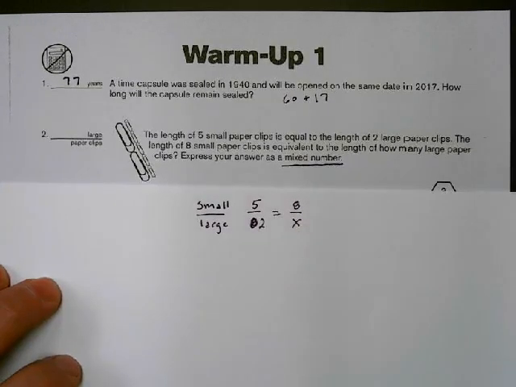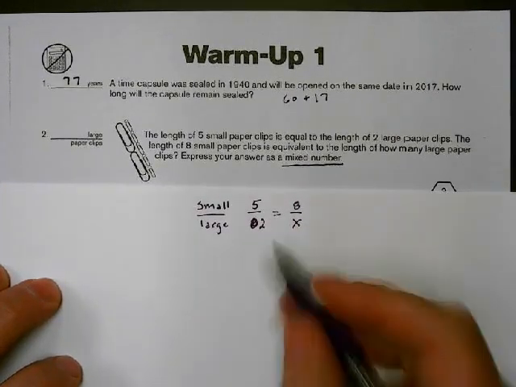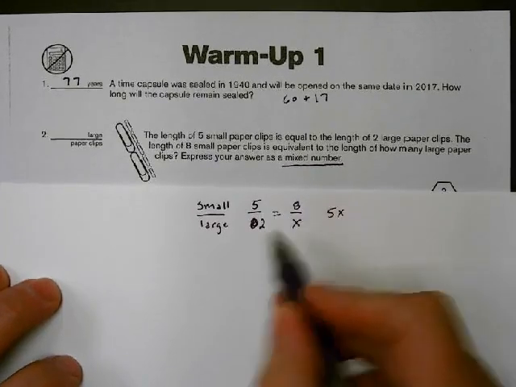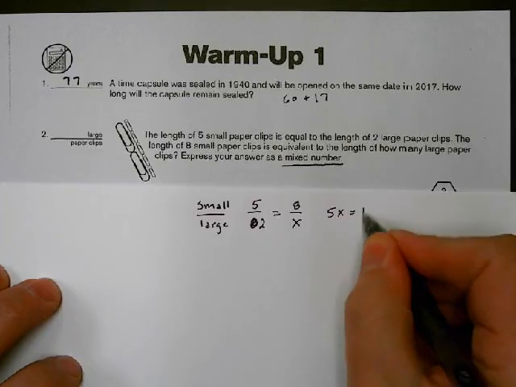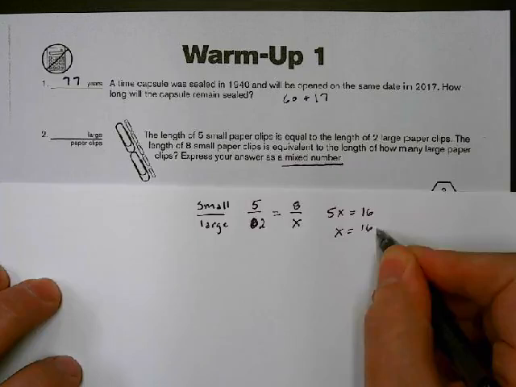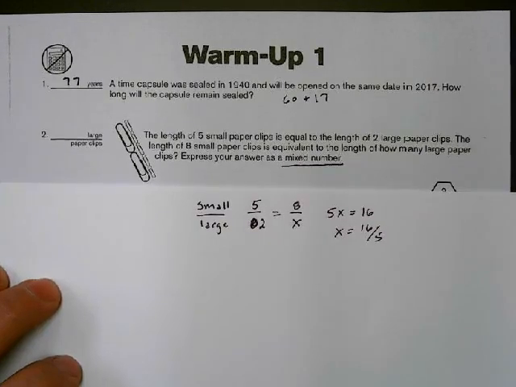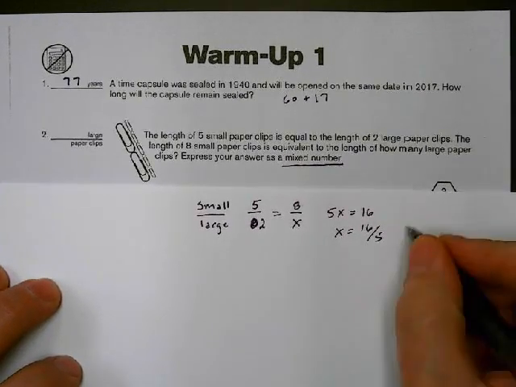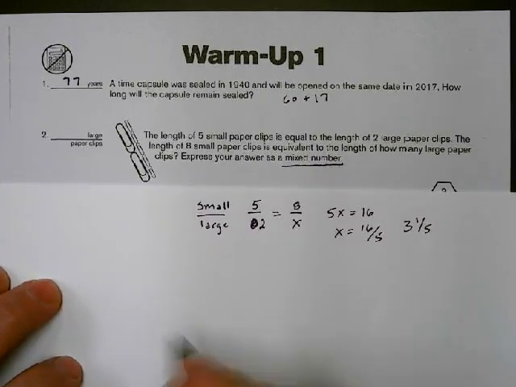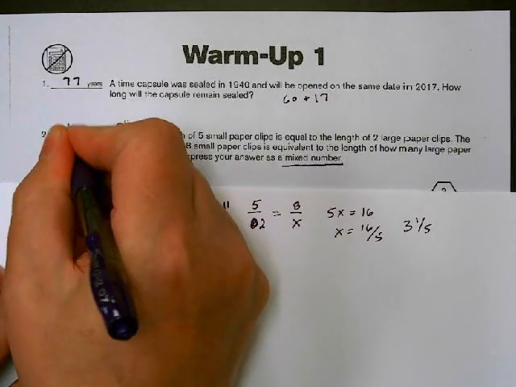I don't know, so now I'm going to solve it as a proportion. Using cross products, I get 5x equals 2 times 8. Divide by 5, and I get 16/5. But it wants it as a mixed numeral. So 5 goes into 16 3 times with 1/5 left over. So we have 3 1/5 for this one.